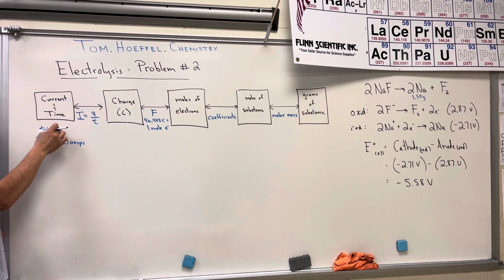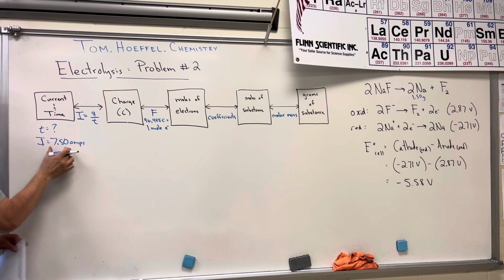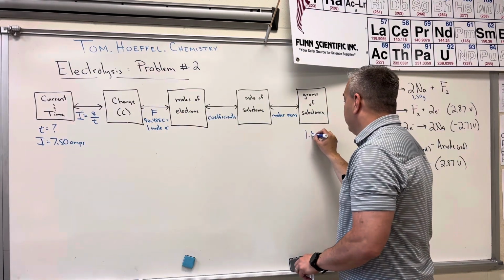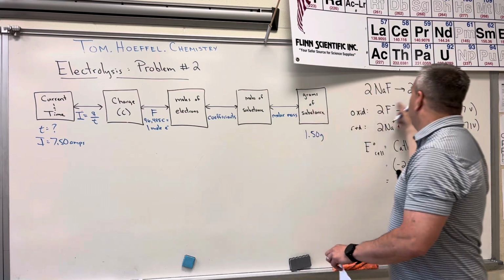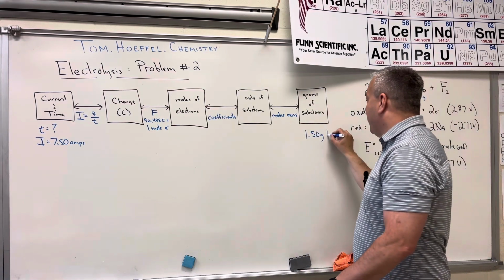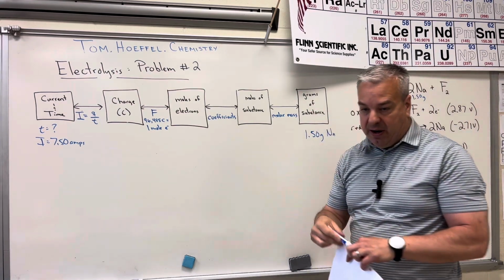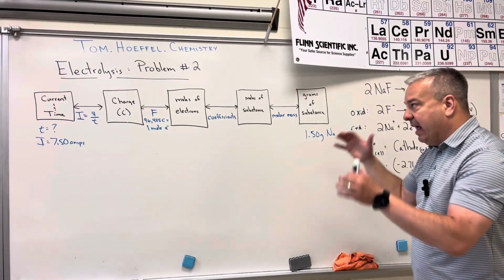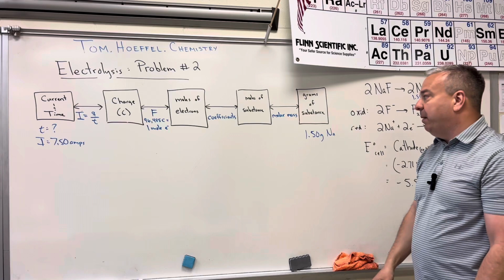So we're figuring out the time, we have the current, and we have how much substance is going to be produced. It's 1.50 grams of sodium. Those are our givens, and we're going to use this information to do our electrolysis problem number 2.